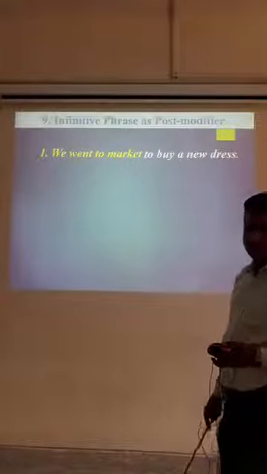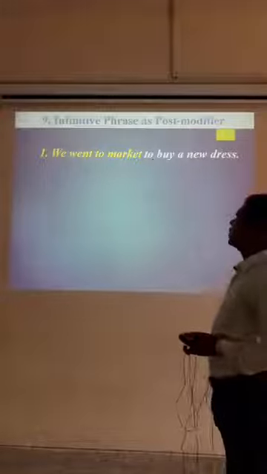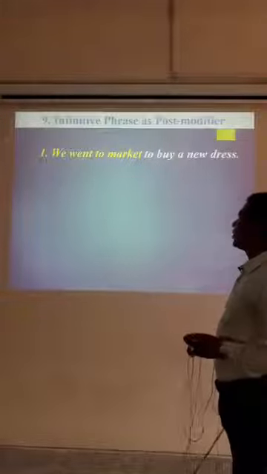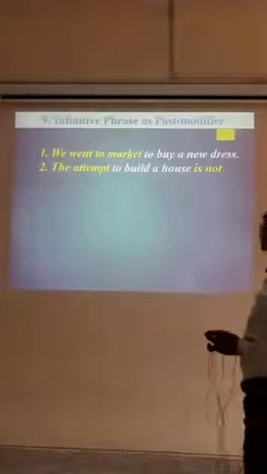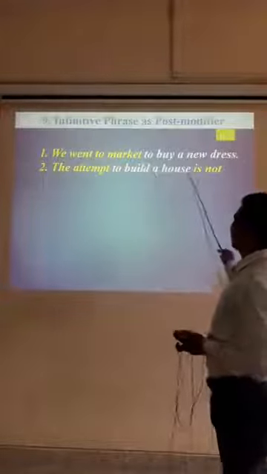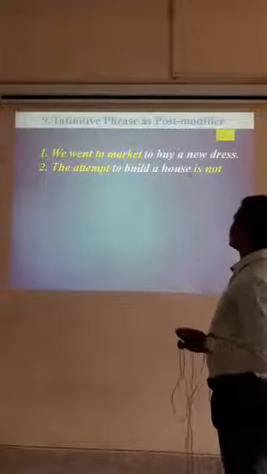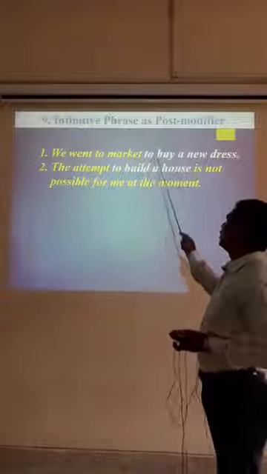So it is an infinitive phrase used there as post modifier. Number 2, the attempt to build a house is impossible, not possible for me at the moment. To build a house is used there as post modifier.